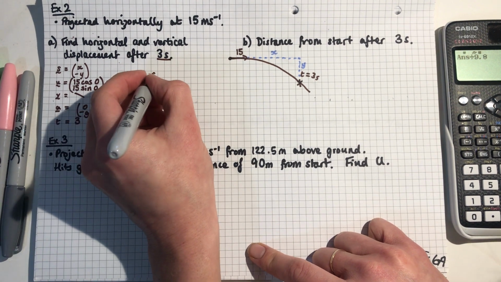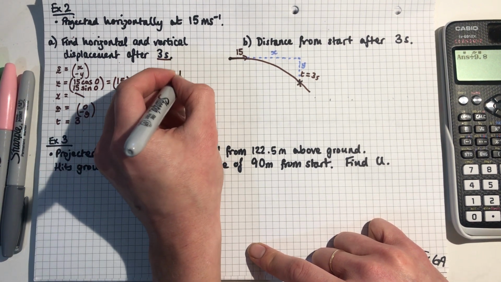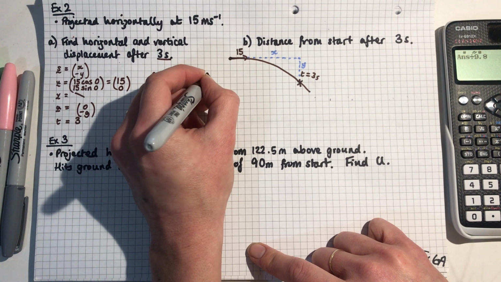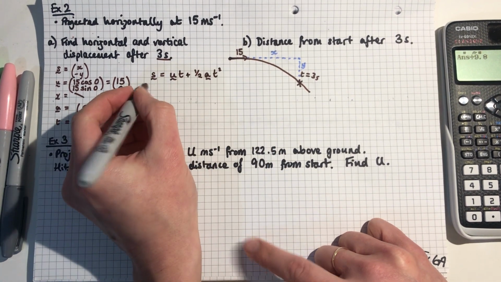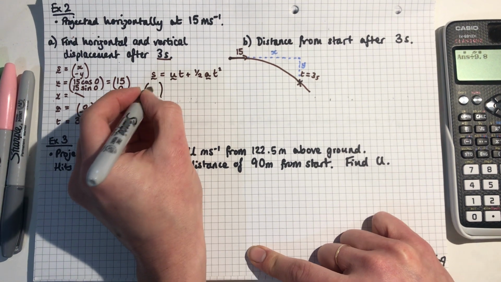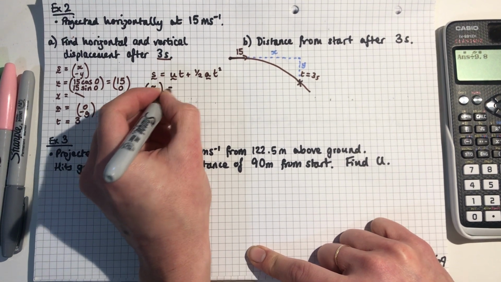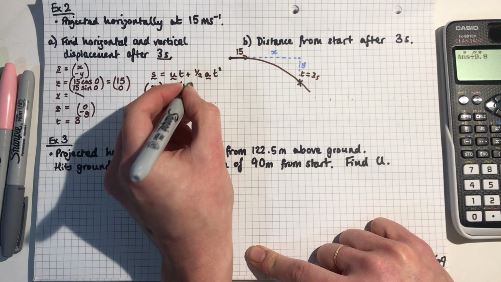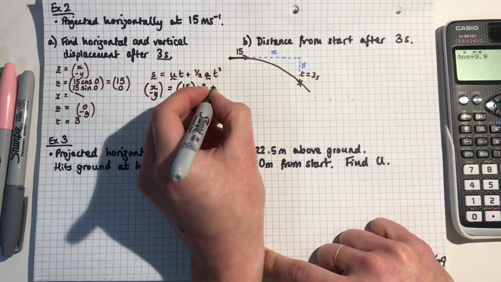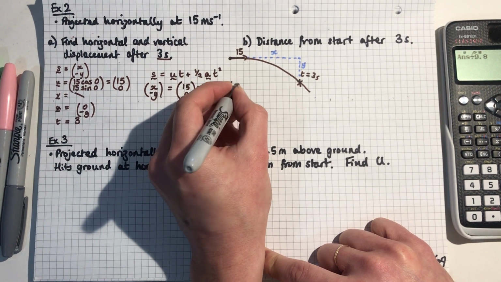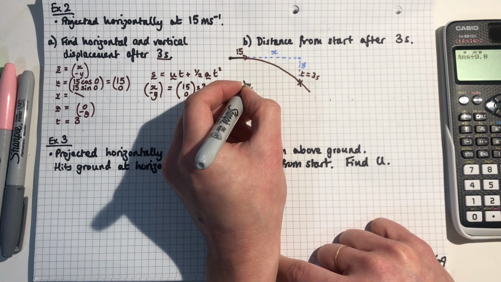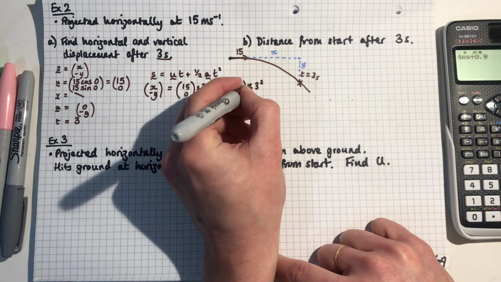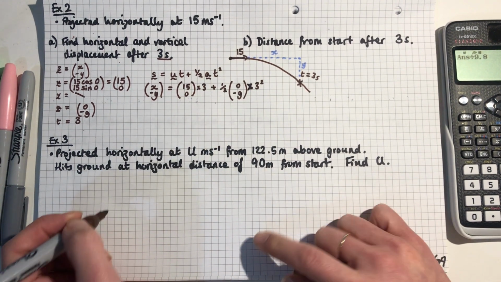So let's write out our equation. s equals ut plus half at squared, and note that I've indicated which of these are vectors. Plug in the vectors that we have. I almost wrote t then instead of 3. There we go.